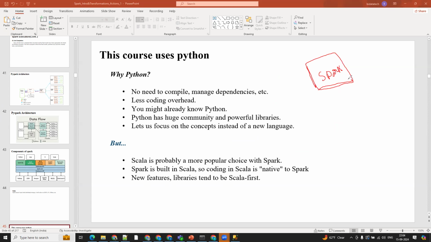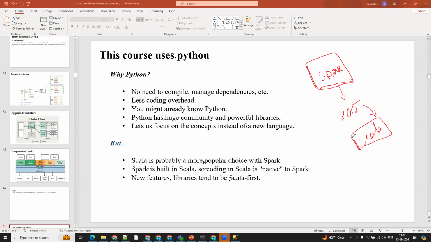See, guys, from 2015, 16, 17, 18, up to 2020, after 2015 most of the companies started using the Scala language for processing their data, whoever was using Spark.